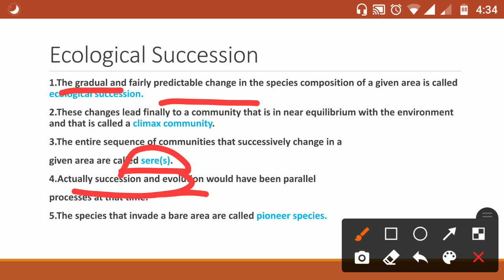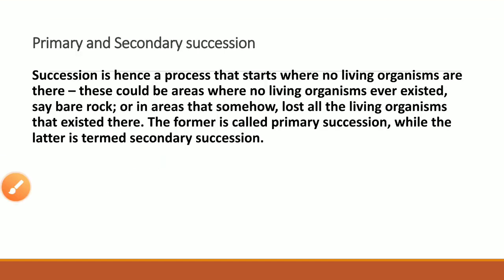And another thing, what is pioneer species? Pioneer species are those species which first inhabit the bare rock or any pond that is empty. So these are the first species to start developing their community. They are called pioneer species.